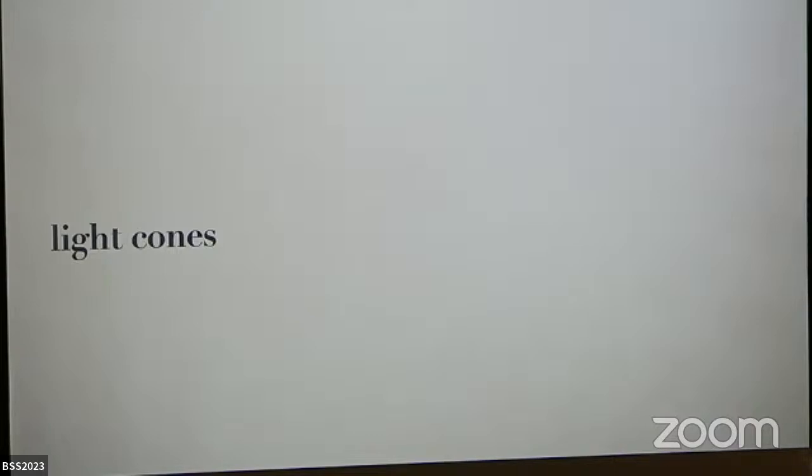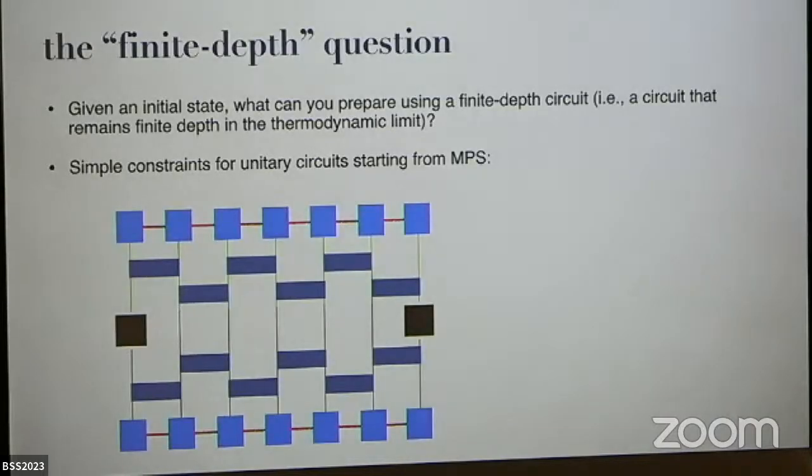Again, just please stop me as I pass through. This is a very general diagram, but what I'm doing is, I have some state which is a pure matrix product state, and you've probably seen some of these last week.